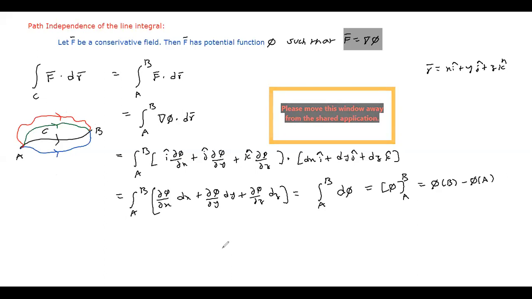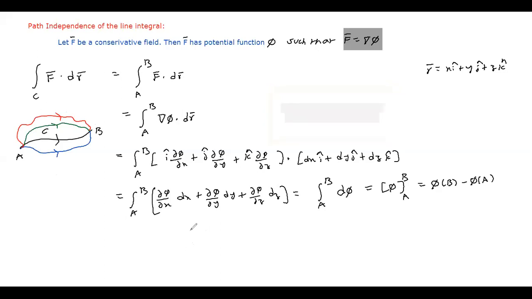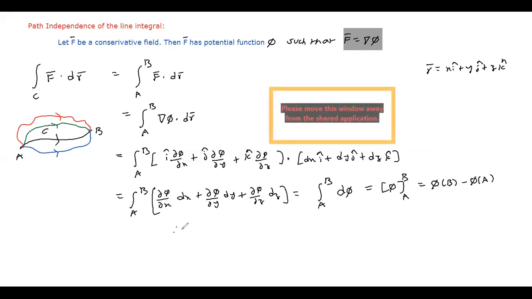It depends only on the initial and end points of the path. Therefore, what is your conclusion? Therefore, the integral from A to B of F bar dot dr bar is simply phi of B minus phi of A.